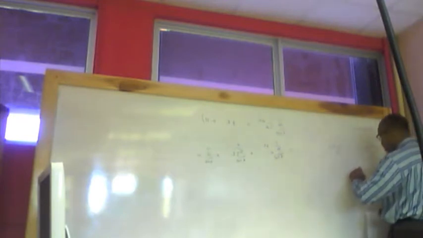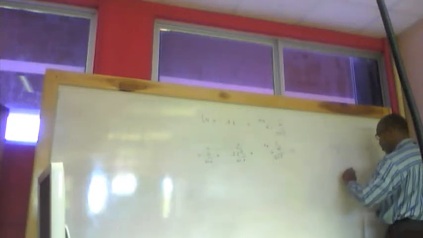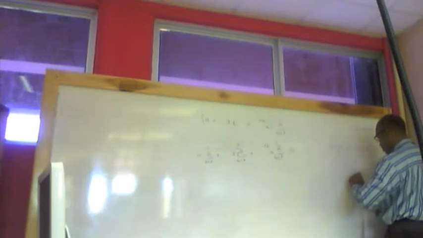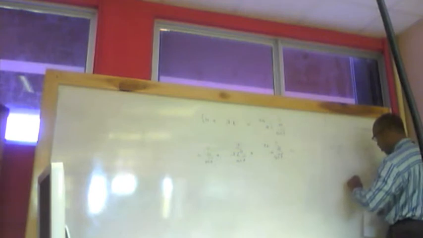Now, the limits. In some books you may see the limit written as from r equals 0 to n minus 1, and in some you may see it written as from r equals 0 to n. The difference would be the answer, because you end up with something like a to the n minus 1 upon a minus 1.